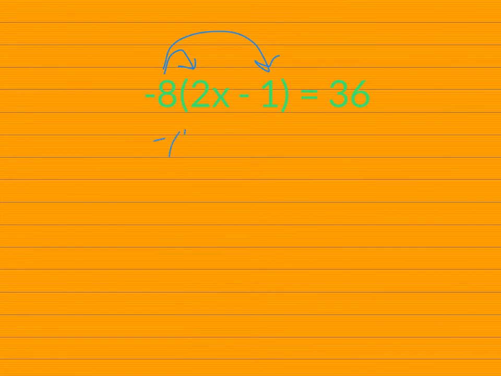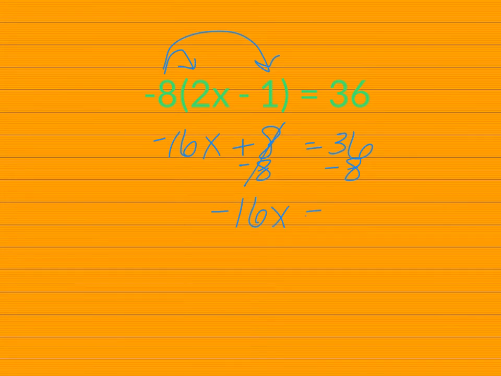So this would be negative 16x plus 8, because negative 1 times negative 8 would give us a positive 8, equals 36. So now I'm going to subtract 8 on both sides. Remember, we're undoing those operations, so that cancels. So I'm left with negative 16x equals, let's see, 28.